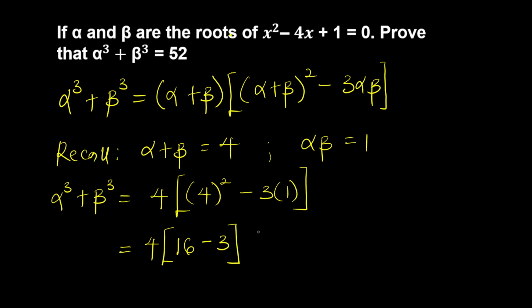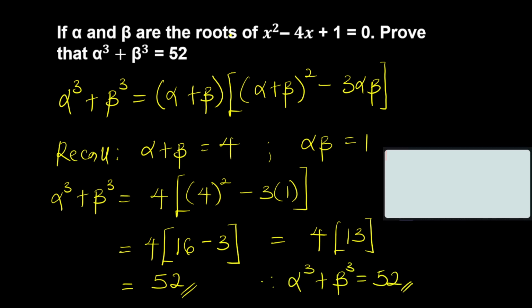And this is going to yield 4 into 13. 4 times 13 is 52. Therefore, alpha cube plus beta cube is equal to 52. So to confirm this answer, we have that 4 into 4 squared minus 3 into 1 is equal to 52.